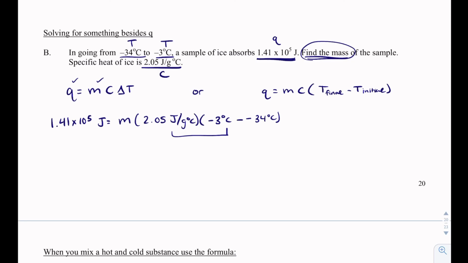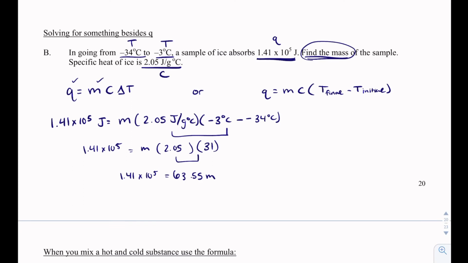Negative 3 minus negative 34 is 31, times 2.05 times M equals 1.41 times 10 to the 5th. 2.05 times 31, we get 63.55. So 63.55 M equals 1.41 times 10 to the 5th.